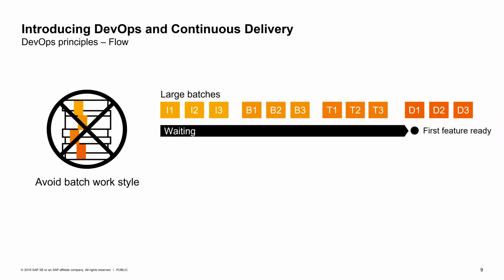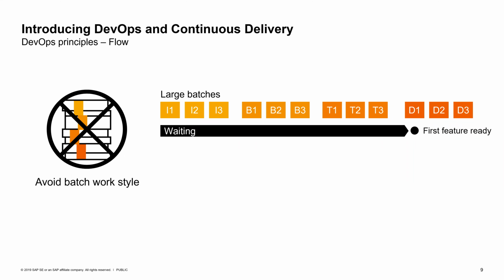In this graphic you see the ideation, building, testing, and delivery of 3 features, and the idea, as shown here, is that it happens all in large batches. You ideate all your features, for example write a specification, then you build it, so you actually implement it. Then there is a testing phase, and then the whole thing gets delivered.